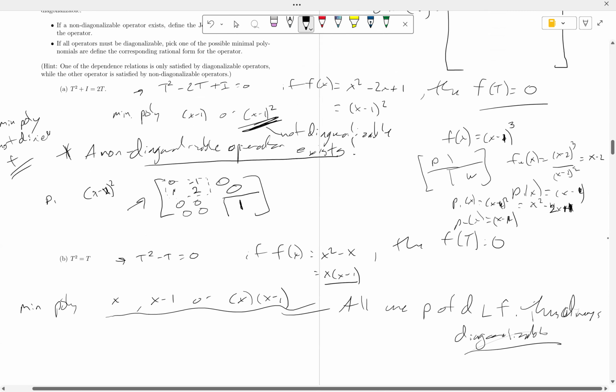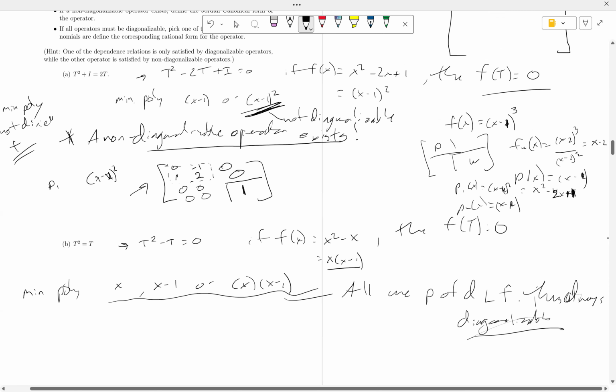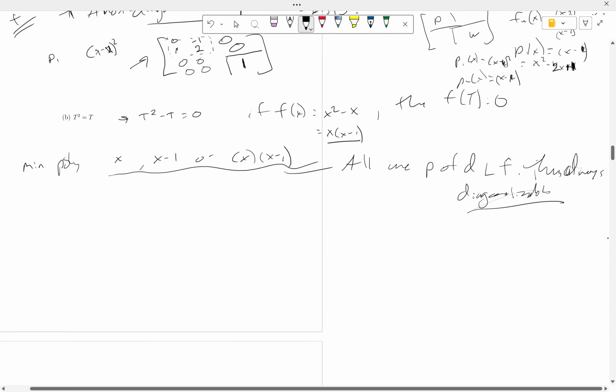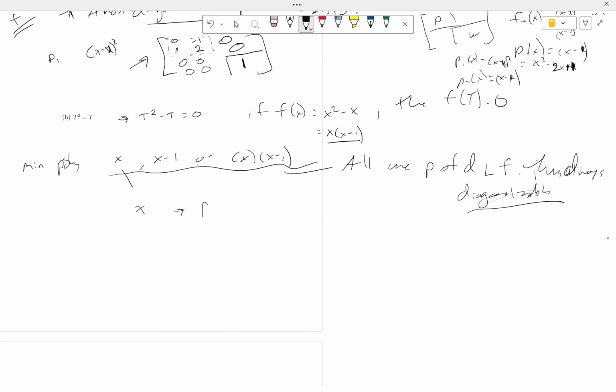So now what we have to do is pick one of the minimal polynomials and define the corresponding rational form. So I'm just going to try to pick one that's easy. My minimal polynomial is x. This implies that f of x, my characteristic polynomial, is going to be x cubed.